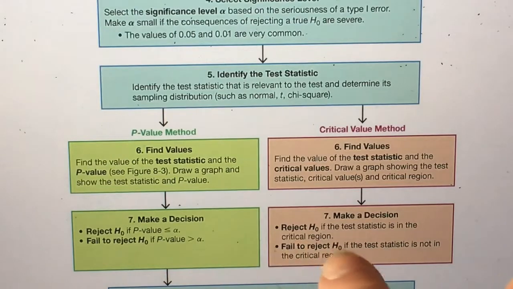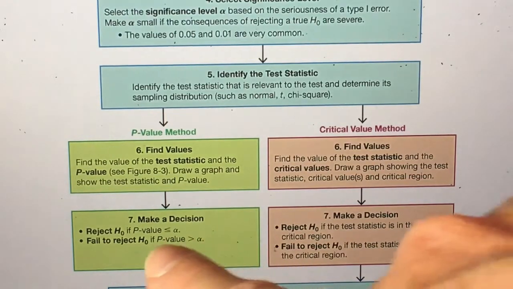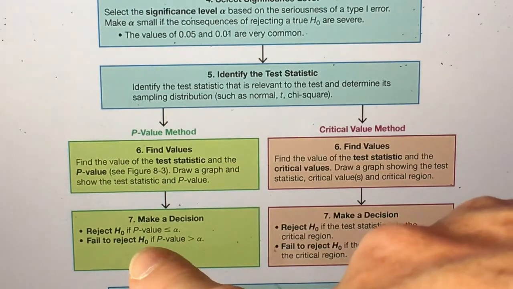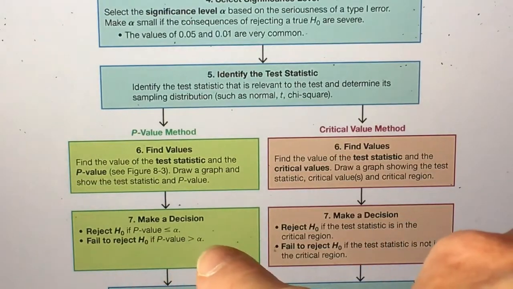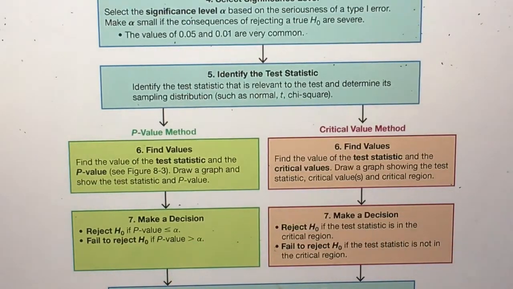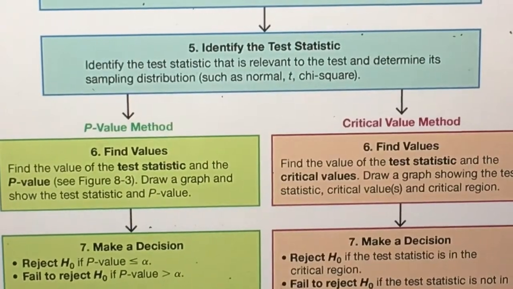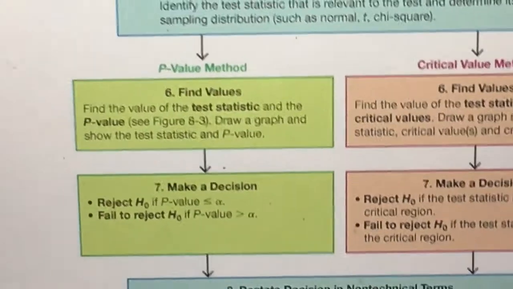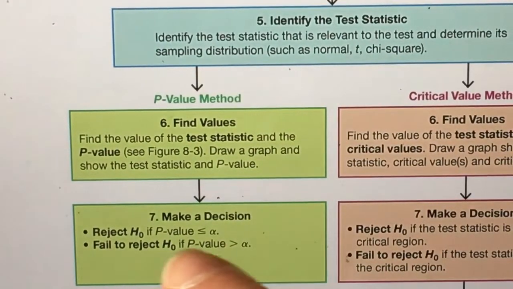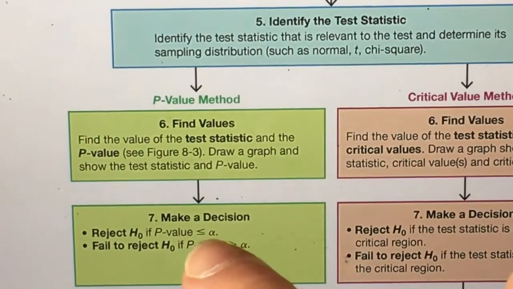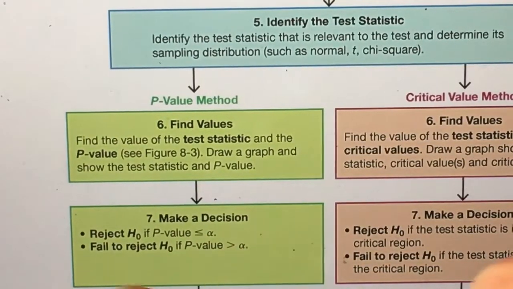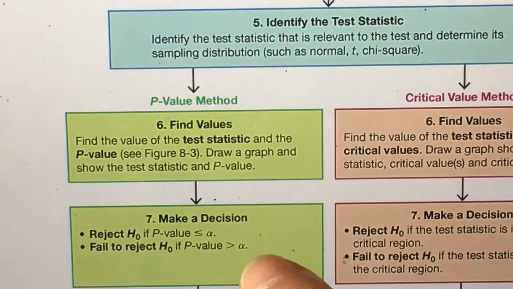And then number 7, we're going to make a decision. We're going to either reject H sub 0, or we're going to fail to reject. If we're talking about the p-values here, on the left, we're going to reject H sub 0 if the p-value is less than or equal to alpha. We're going to fail to reject H sub 0 if the p-value is greater than alpha.